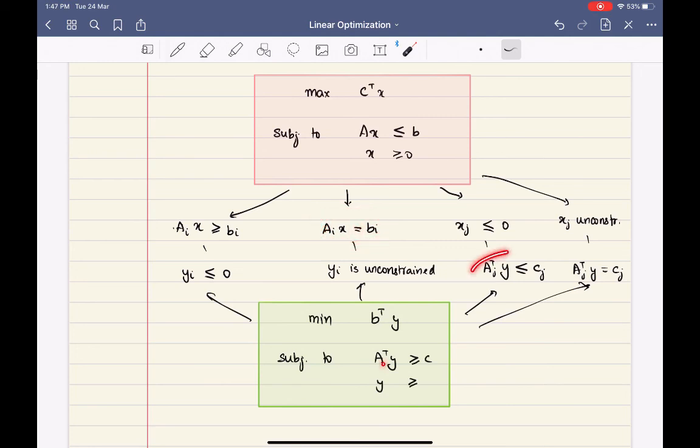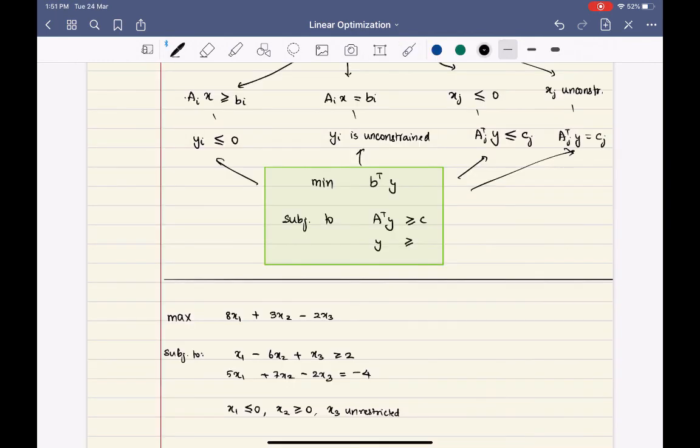And here, if the constraint is less than or equal to, then the corresponding variable should be negative. And if here you have equality, the corresponding variable should be unconstrained. So we saw an example where we went from here to here, but going from here to here is also symmetric. So now let me finish with one example.